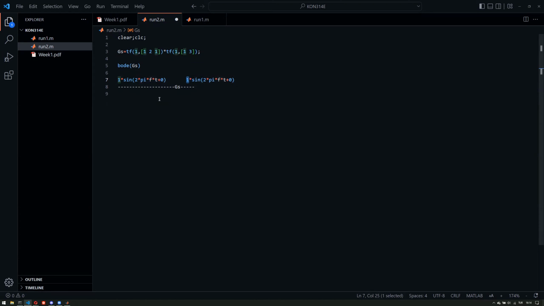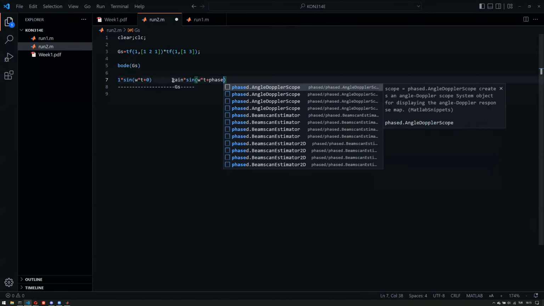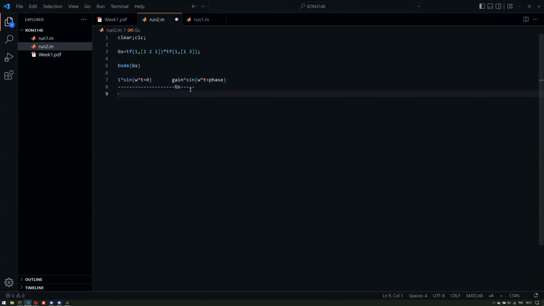If the system has gain equal to 1, then this would be the case, but it will change with the gain of the system. So let me, by the way, change it back to omega. Therefore we don't know what the gain is. So gain, and then here the phase will also change, but we will still have sine waves.